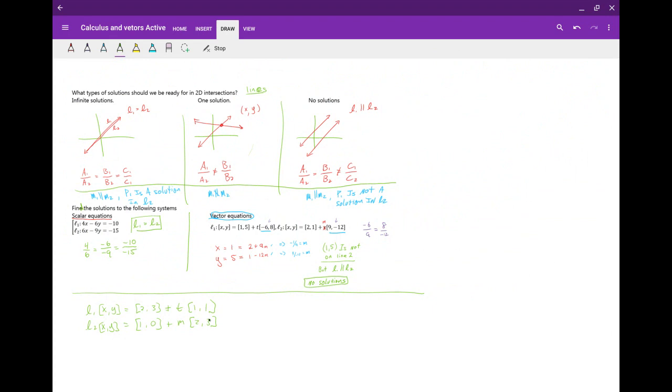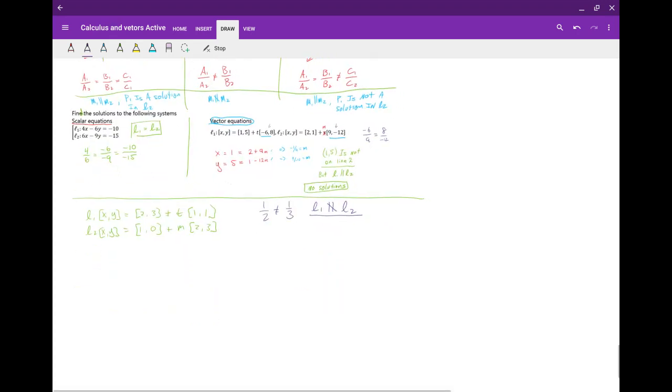Is 1/2 equal to 1/3? No. Okay. So 1/2 is not equal to 1/3, and so therefore line 1 is not parallel to line 2. So I have to have a single point solution. All right. So therefore, how do I find that solution?